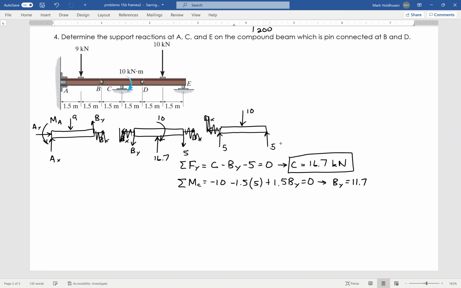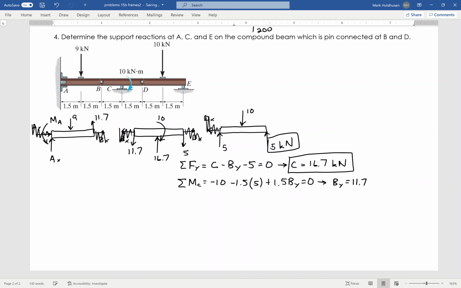Oh, I guess this is E. I should probably box this one in there because we're trying to find that one. And then BY, I have drawn correctly, and it's 11.7. And then this BY is also 11.7.